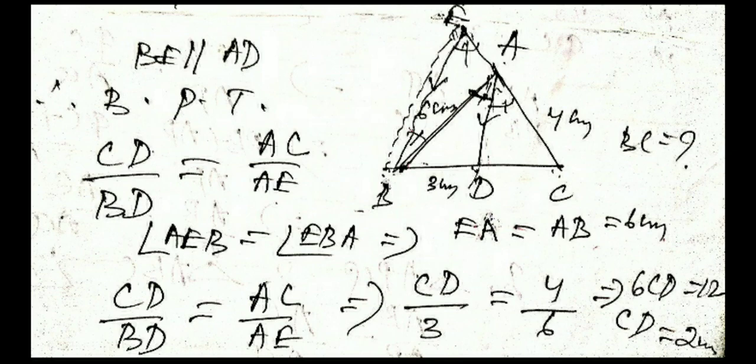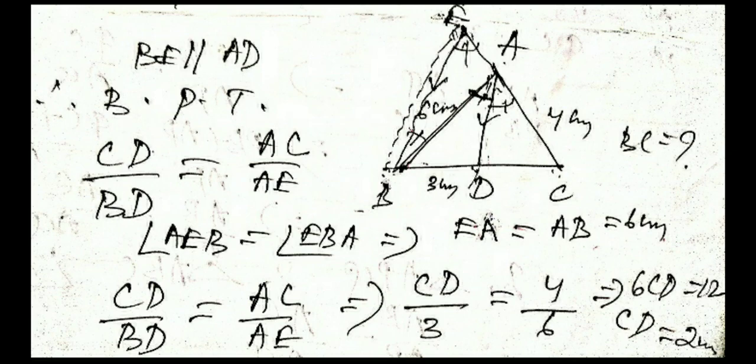Since angle BAD is equal to CAD as AD is the bisector, therefore angle EAB is equal to angle EBA. Clear? That means EAB is an isosceles triangle. Then you can say EA is equal to BA, so you got EA is equal to BA, 6 centimeter.